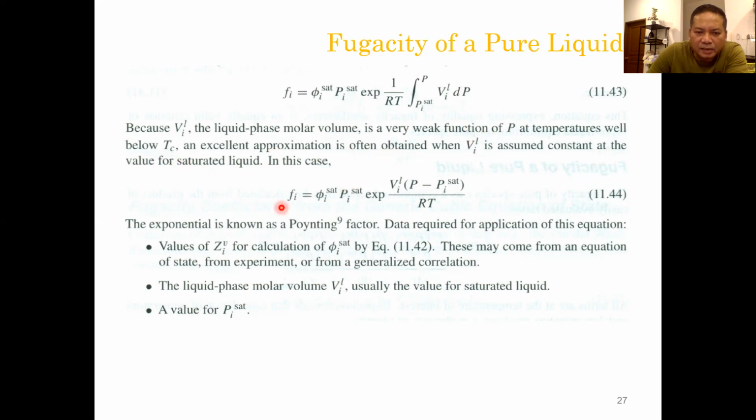For this case, we can assume it to be this, because we don't need to integrate, just use the pressure difference here. There is not much effect of pressure on the liquid. This is called the Poynting factor, and it can be obtained from the table. Normally the value is given.